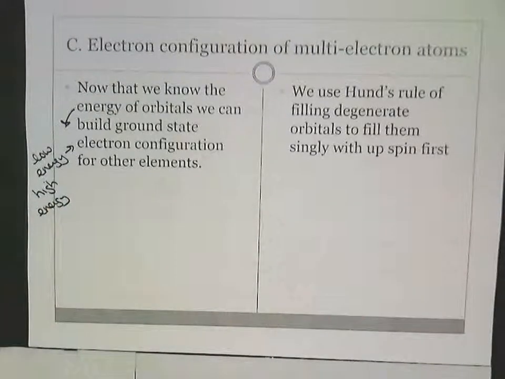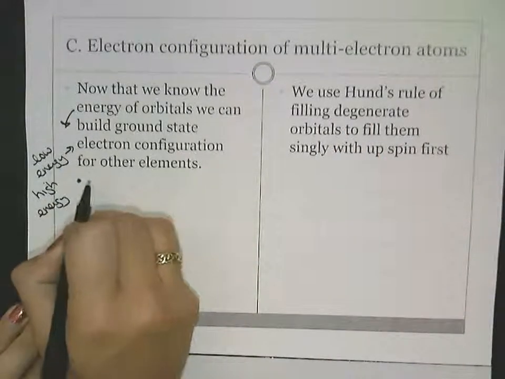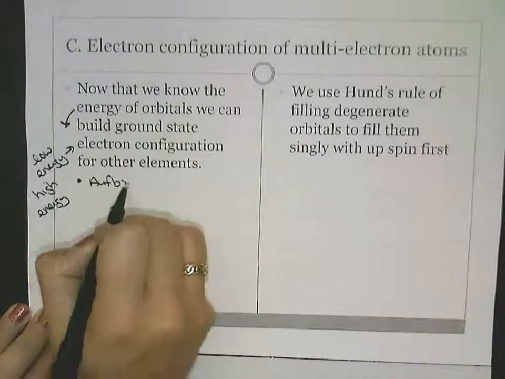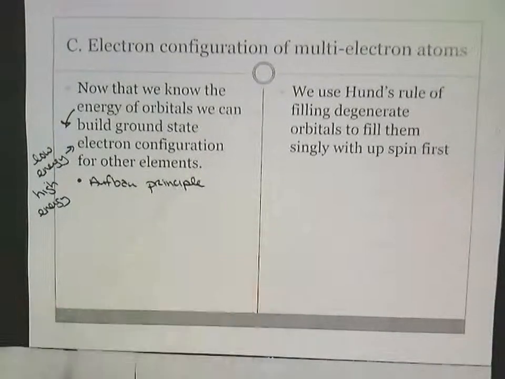We can now start talking about how to build up electrons in orbitals, low energy to high energy. We're going to use two rules to help us figure out what order to put the electrons in. I'll come to that one in a second. The first one's called the Aufbau principle, which states what we just said.